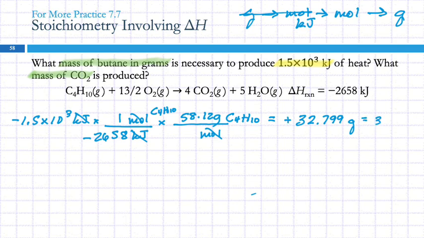So 33 grams of butane. So that's kind of a practical question, right? I need to give off this much heat. How much butane do I need to burn? Then it also asks what mass of CO2 is produced.